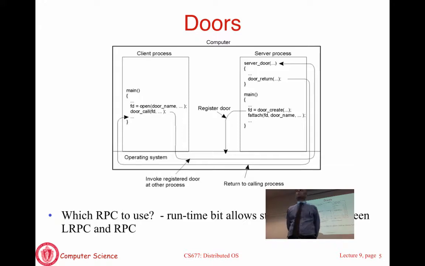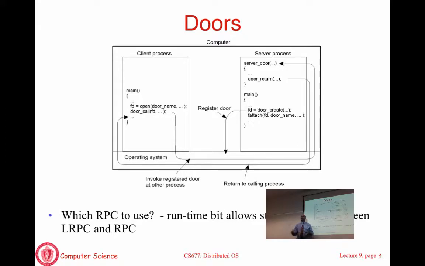Any other questions here? The question is, which of the client or server finds out they're on the same machine? Who is going to find out whether the client and the server run on the same machine? So the client and the server or the OS don't find this out automatically. This is up to you when you start the code.